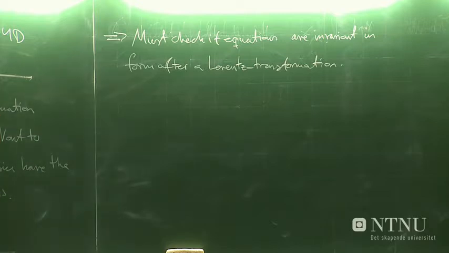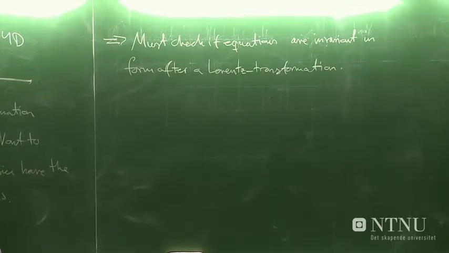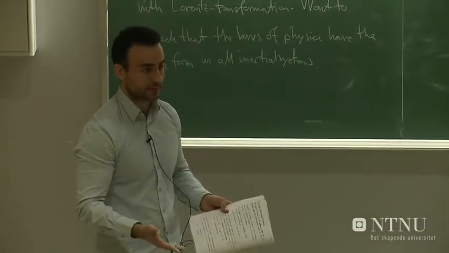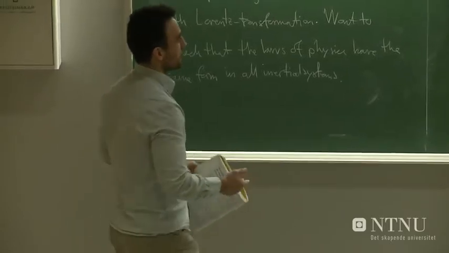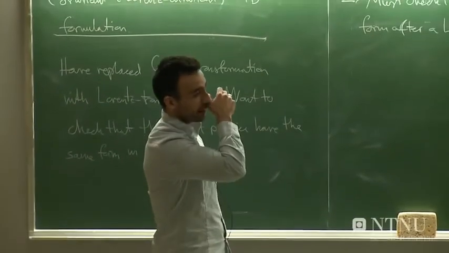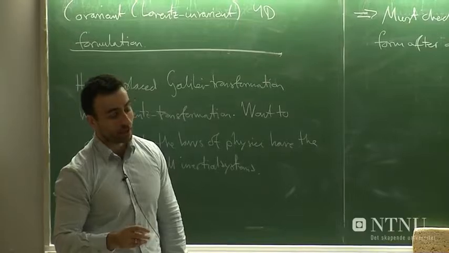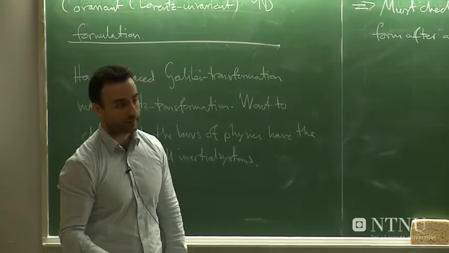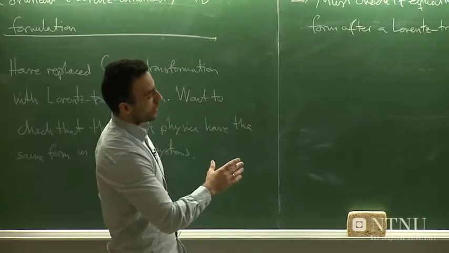So how should we check this? Well, the laws of physics can be described by equations. It can be scalar equations or vectorial equations or matrix equations. So scalars and vectors are just special cases of matrices. A scalar is a one-by-one matrix.